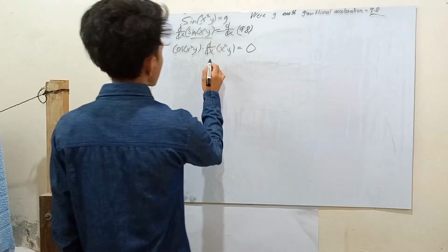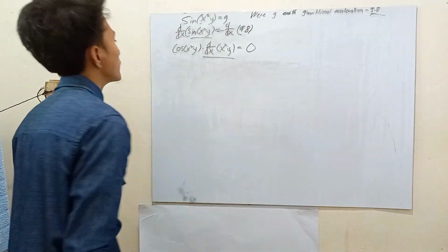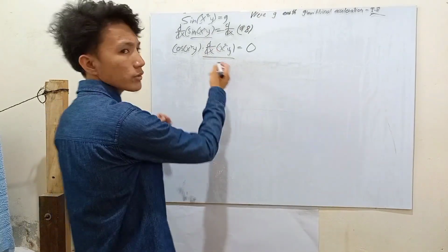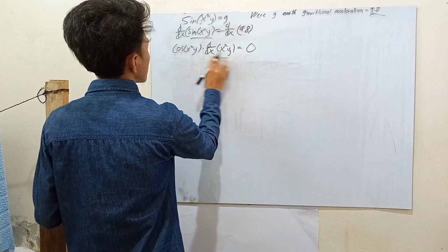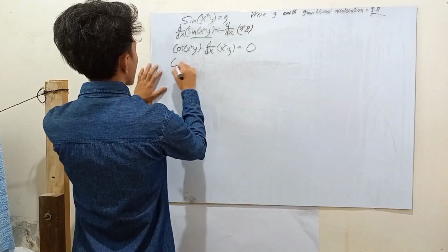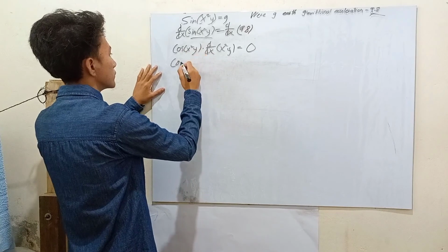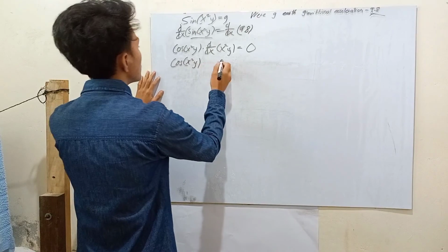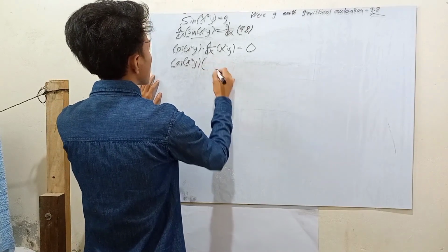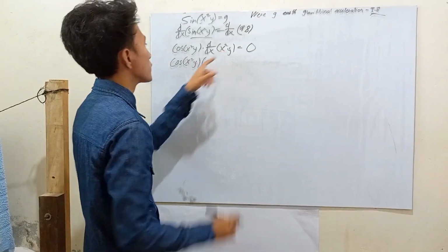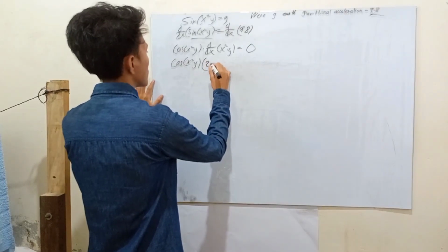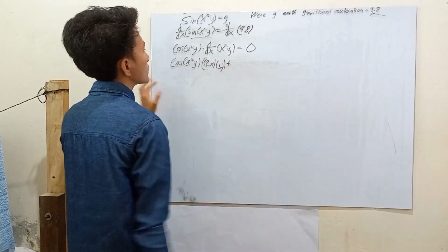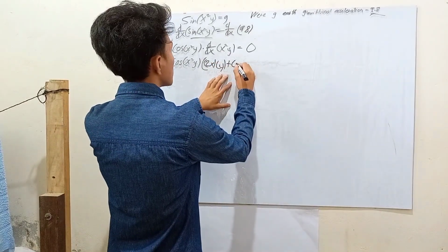Then we can derive this one using the product rule. To derive this one, simply copy x squared y, and then the derivative of x squared is 2x, multiplied by y, plus the derivative of y is 1.